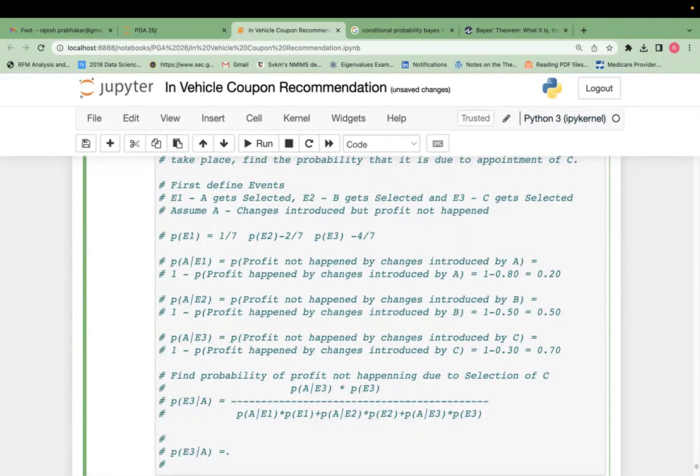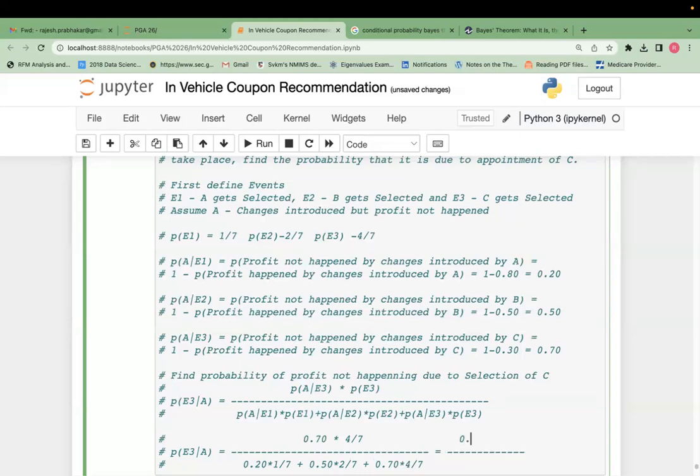That is 0.70 multiplied by 4 by 7, divided by 0.20 multiplied by 1 by 7, plus 0.50 multiplied by 2 by 7, plus 0.70 multiplied by 4 by 7.